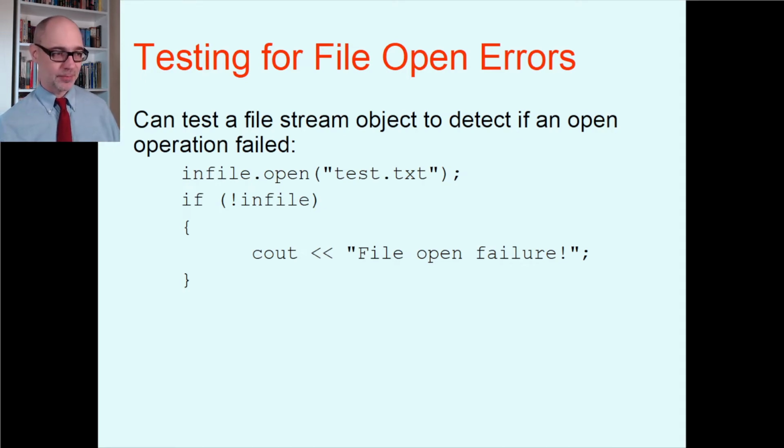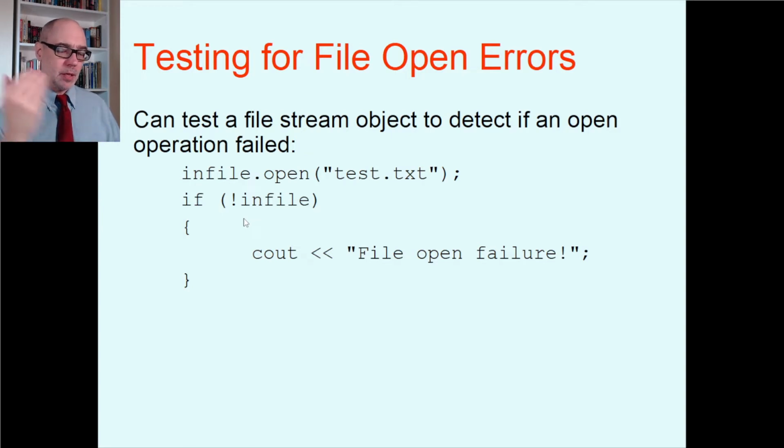That's really convenient. So one thing that we'll commonly see is, let's say I have a file stream object called infile. It has to be of type ifstream for this to work. So you try to open up this infile. You write infile.open. You name test.txt. Maybe that file is in the working directory. Maybe it's not. I don't know right now. So for your input validation, so to speak, you're validating whether that worked, you write an if statement and you write not infile here.